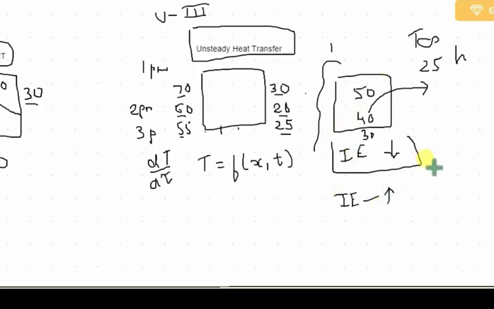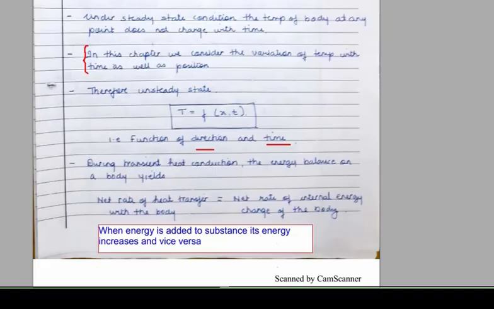Whenever heat is lost from the body, internal energy decreases; whenever heat is gained by the body, internal energy increases. This is what is written here: when energy is added to the substance, its energy increases and vice versa.